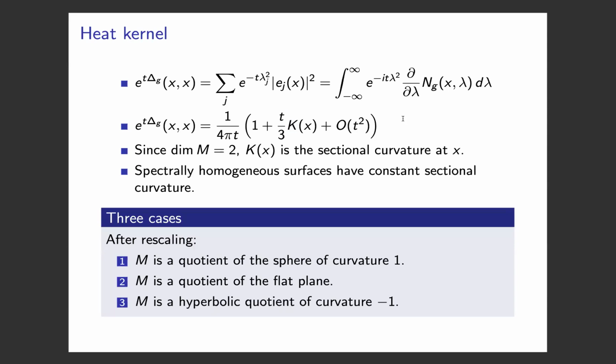But because our manifold is two-dimensional, the scalar curvature is the sectional curvature, and everything becomes very rigid very quickly. So the assumption that the manifold is two-dimensional is extremely strong. Going up in dimension opens up all kinds of difficulties.